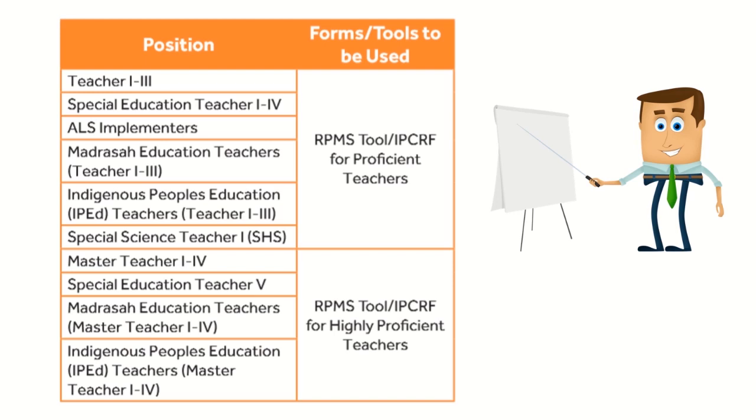And then we also have the tool for highly proficient, which includes those under Master Teacher 1 to 4, Special Education Teacher 5, madrasa education teachers who are Master Teachers 1 to 4, and Indigenous Peoples education teachers who are currently Master Teacher 1 to 4. Please take note that in the table it has been clearly stated what specific tool you are going to use depending on your designation or your item.